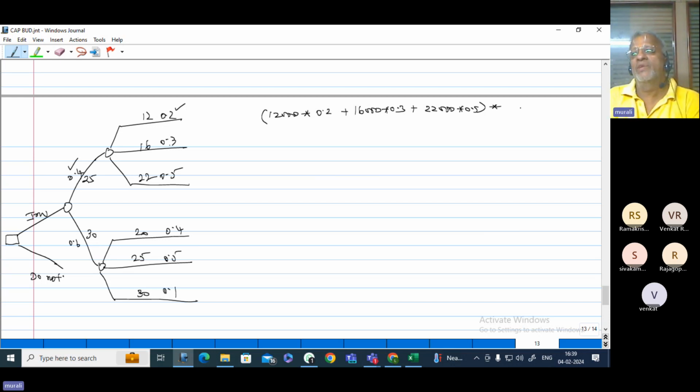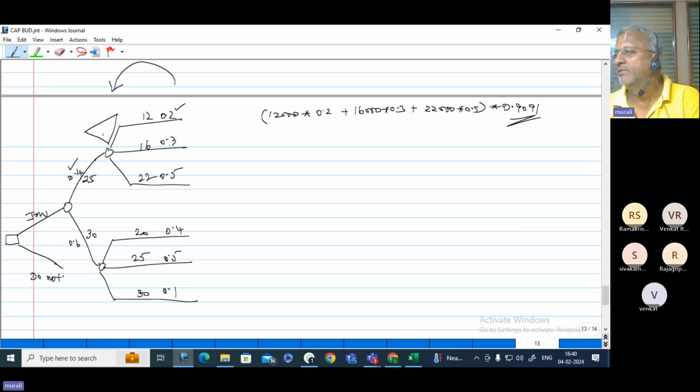What PV factor do we have to take up? 0.8264 is not correct because I will roll back from year number 2 to year number 1. Therefore, I will multiply only by 0.9091, because with this I bring out a value here, and with 25,000 I will add up, multiply with probability, and then multiply once again with 0.9091. Two times I will be making it, therefore I will be achieving 0.8264.